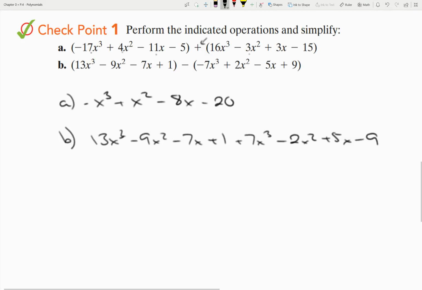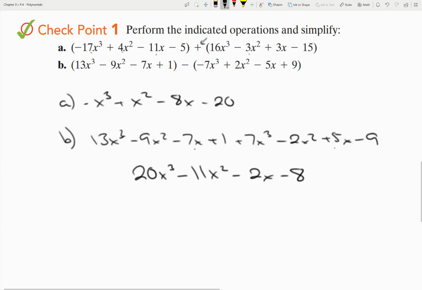Then I put the x to the third powers together, and I get a 20x to the third. I got a minus 9 and a minus 2. That's 11x squared. Minus 7 plus 5 gives me minus 2x and a minus 8.